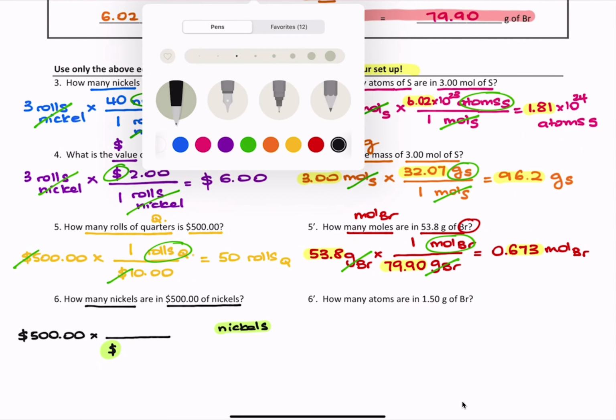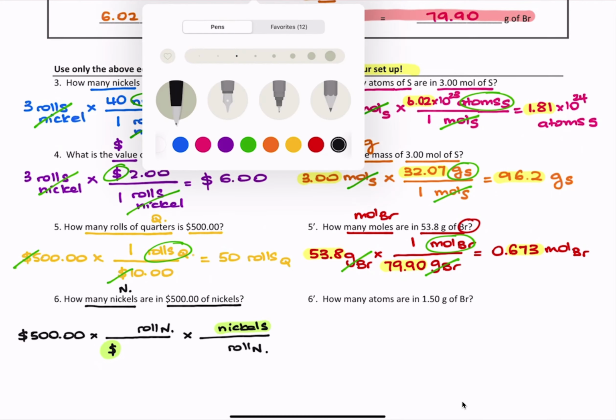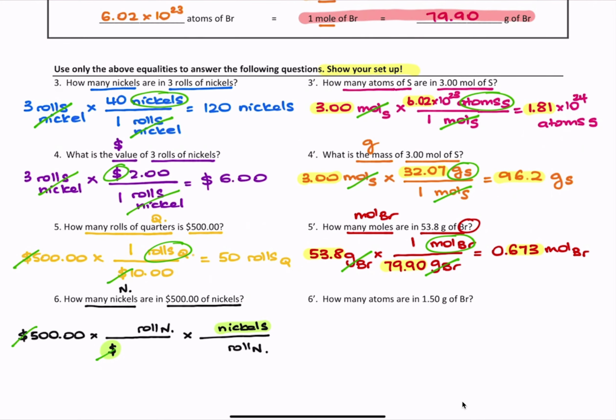Coming back, we have the bridge unit, that is the roll of nickel. I'm going to use N for the symbol of nickel. And now notice that your dollar amount cancels and your roll of nickel cancels, and then you're left with nickel, and you used the roll of nickel as the bridge unit.